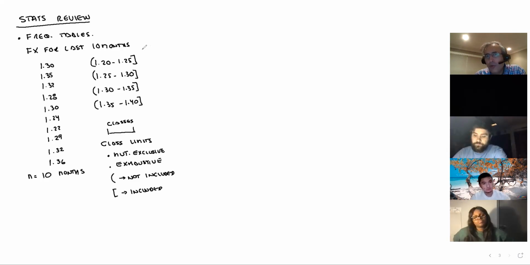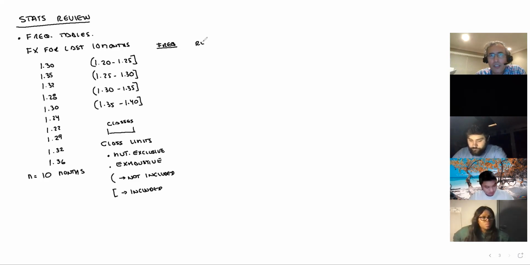Make sense? Then what we do, guys, is simply count. How many of my observations fall in this class? How many in this, and this? Can you help me with that? Then we have relative frequencies, then cumulative frequencies, and finally relative cumulative frequencies.